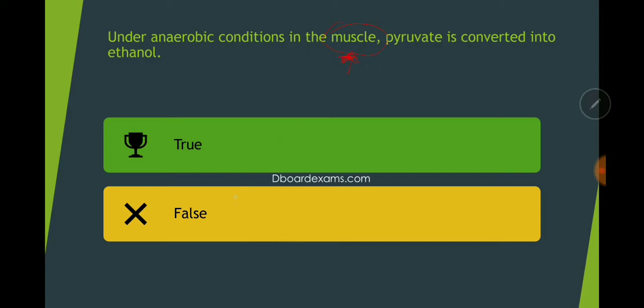Here we're going to produce lactate, as I just mentioned. You don't produce ethanol, because that reaction usually occurs in yeast. So in this case the answer is false. It's supposed to be lactate, not ethanol.